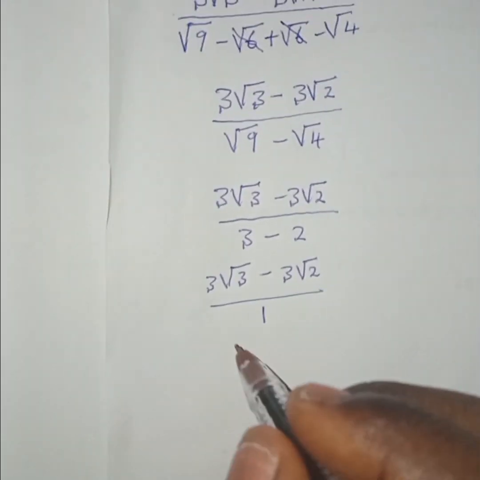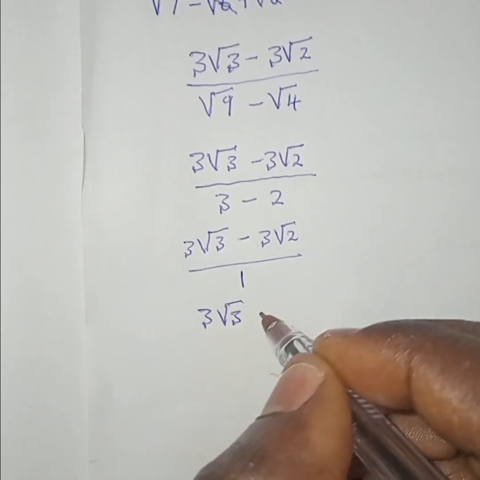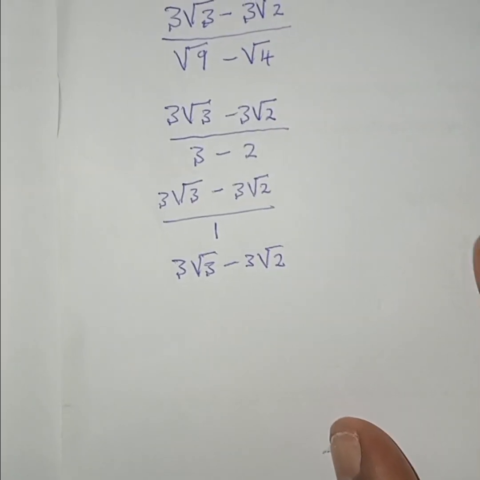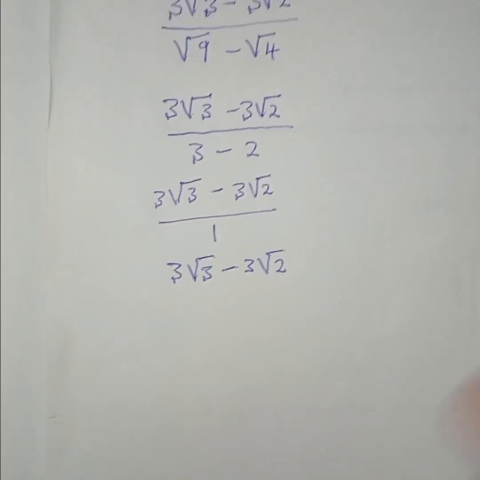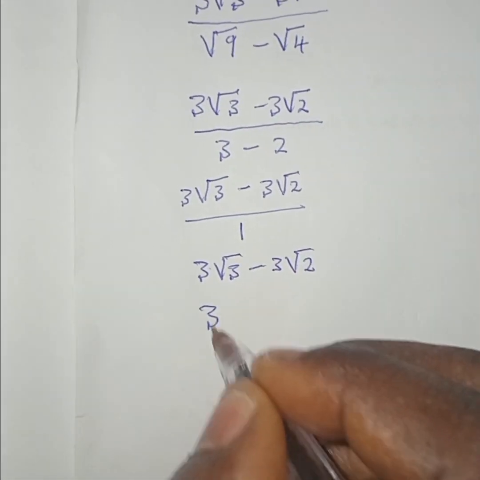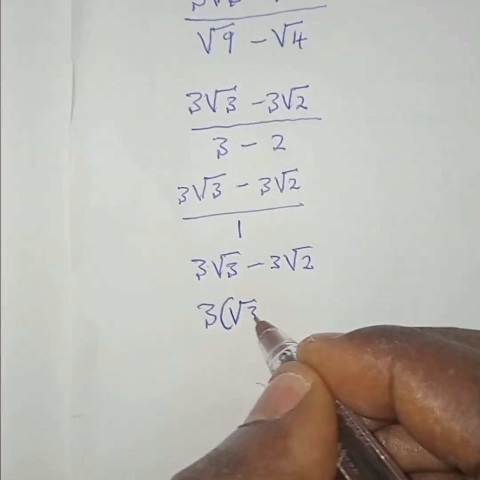Now you can simplify it further. Since you have 3 here, you can put 3 outside and put the rest inside the bracket.